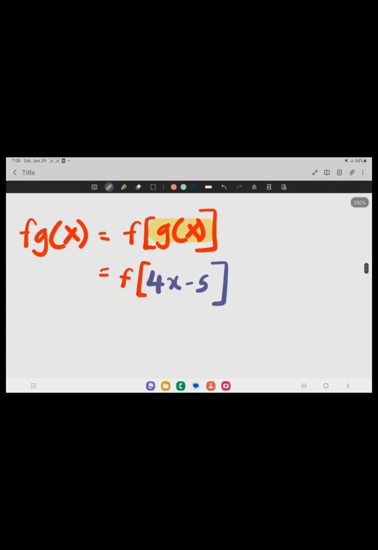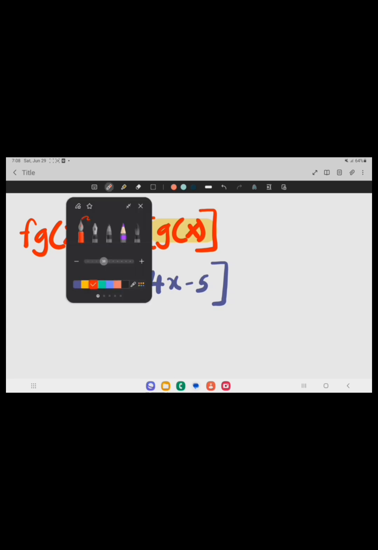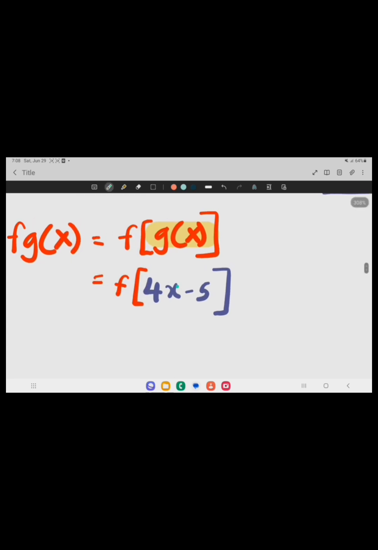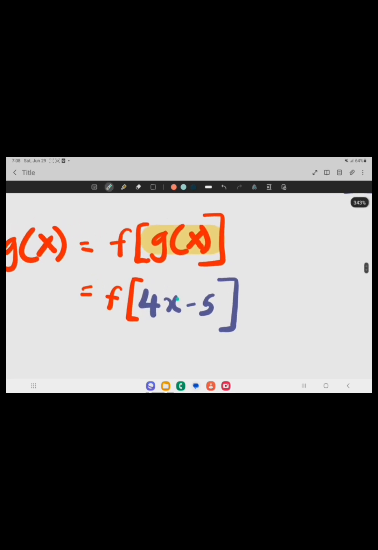And then the next step, again, the same concept. That's why I say you must understand what I explained earlier, otherwise you cannot do this kind of question. No matter what, inside the bracket it must always be an x. In this case it's not an x, it's 4x minus 5.